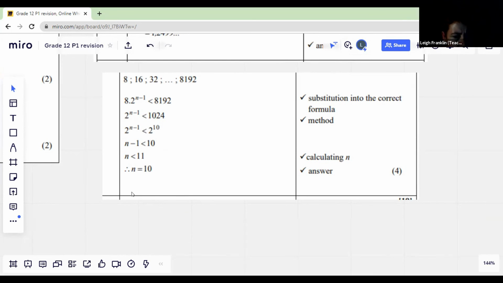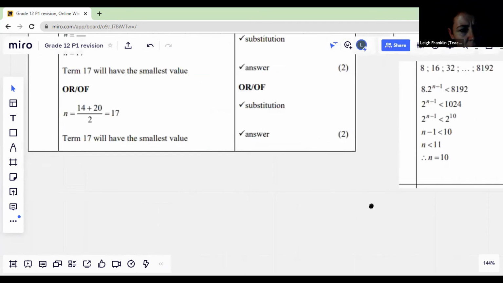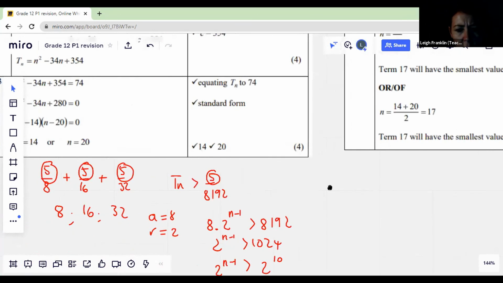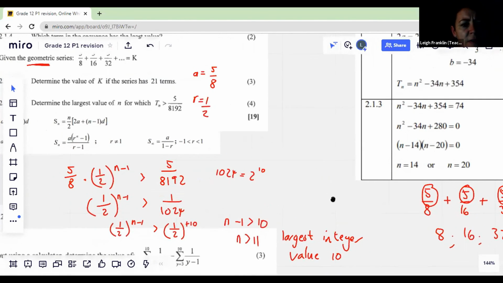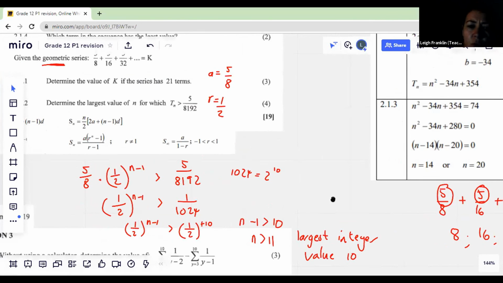Because of that, the inequality sign changes its direction because of a negative. Yeah, no, unfortunately it's not because of that. It's not because it was the n minus 1. So that still means that n is positive. But the question had said for which it would be greater than, didn't it? The largest value of n for which Tn is greater.